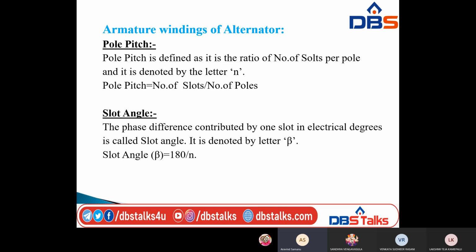So 360 electrical degrees of EMF. I already explained the electrical and mechanical degrees concept. Two poles give 360 electrical degrees, one cycle. Now if I take four poles, they are responsible for 720 electrical degrees.